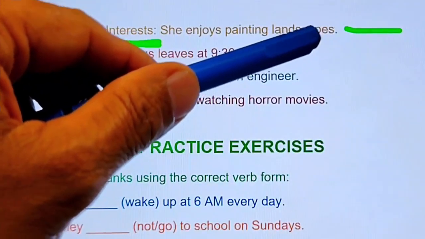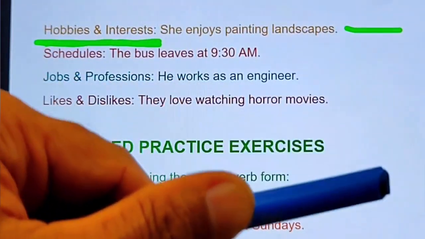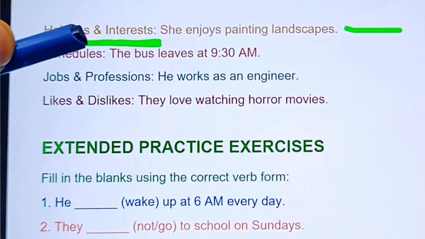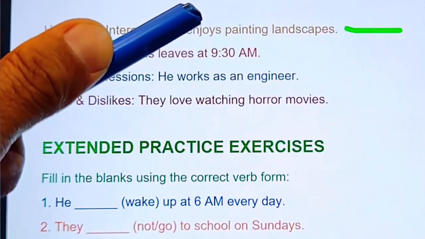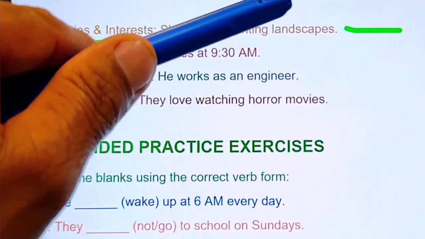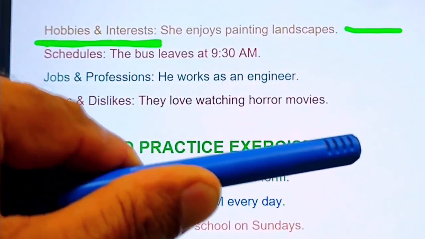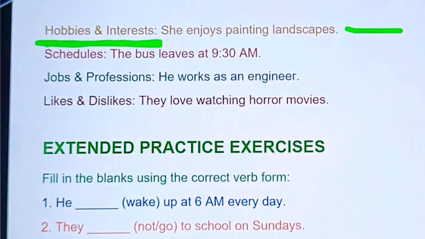Every time she wants to enjoy, she does painting landscapes. So this is her hobby and describes her interest as well. So this is the very best example. She enjoys painting landscapes, and that's her interest or hobby.